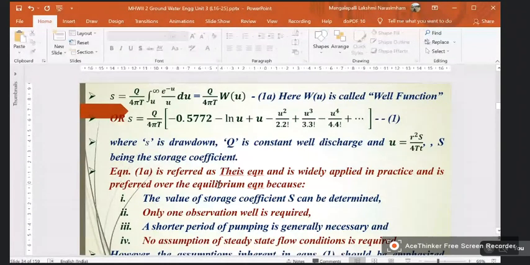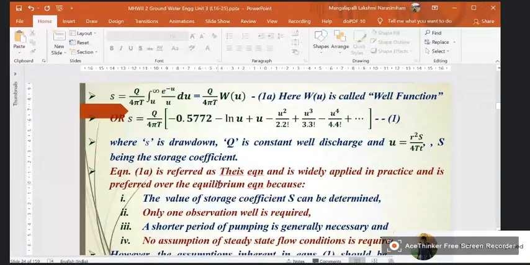So it is not a constant cone of depression; it changes with time t. We therefore use this equation, and the value of storage coefficient S can be determined using this equation and the data of the pumping test.